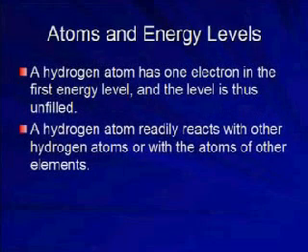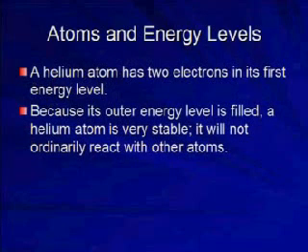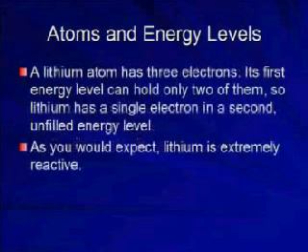A hydrogen atom has one electron in the first energy level, and the level is thus unfilled. A hydrogen atom readily reacts with other hydrogen atoms or with atoms of other elements. A helium atom has 2 electrons in the first energy level. Because its outermost energy level is filled, a helium atom is very stable. It will not ordinarily react with other atoms. A lithium atom has 3 electrons.